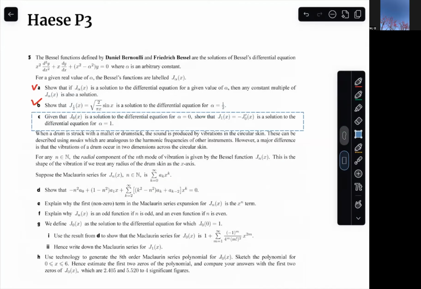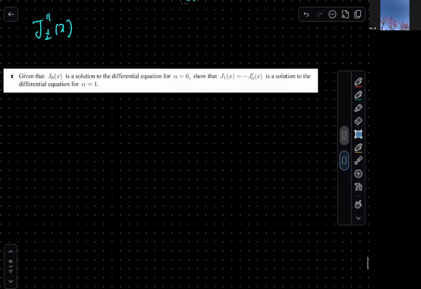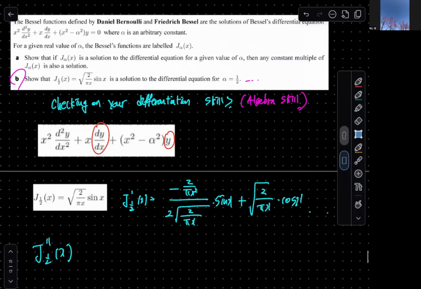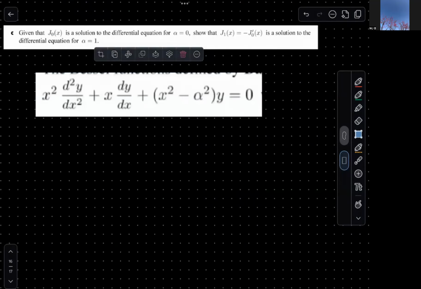And let's have a look at part C. Given that J naught is a solution to the differential equation, show that J1 is a solution to the differential equation for alpha equal to 1. Well, I guess C is also checking your differentiation skills, okay? But let's see what we mean by solution. This is the differential equation that we had.